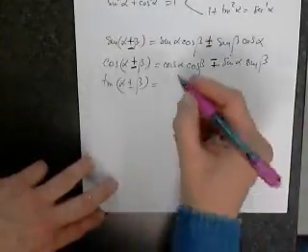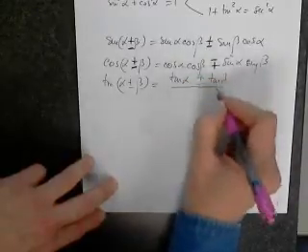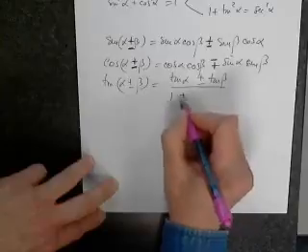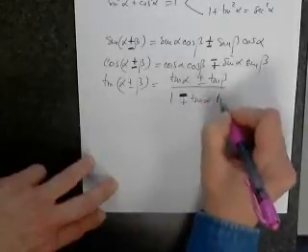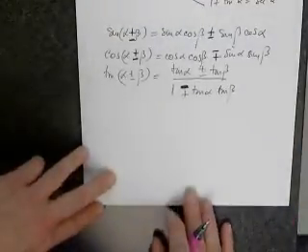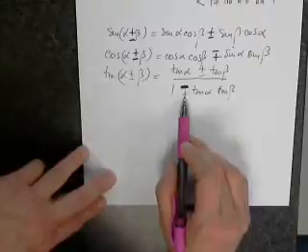And the last one, tangent of alpha plus or minus beta is tangent alpha plus or minus tangent beta over 1 minus or plus tangent alpha tangent beta. So plus, plus; minus, minus; minus, plus.